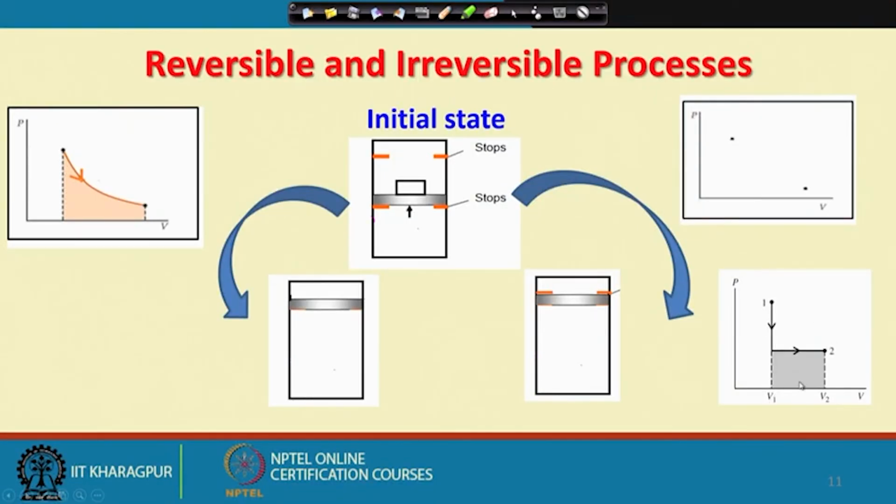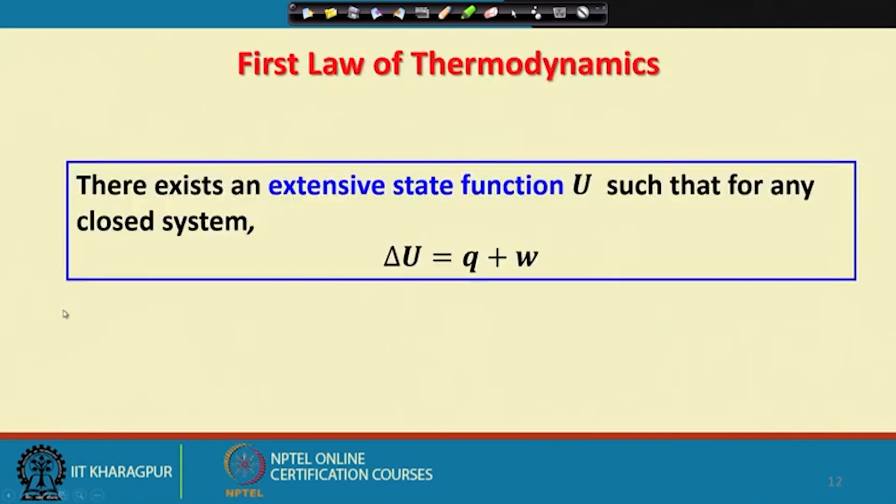And therefore, as you know already, under such circumstances, this is going to be the work done in this process, while in the reversible process we are going to have the area under this curve as the amount of work done during a reversible change.